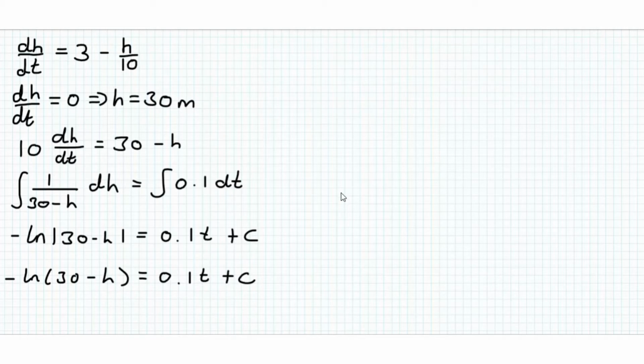If we think about tree growth, this model comes in when the time t equals 0, and when you first plant a seed for a tree, the height is equal to 0. So using these boundary conditions, substituting in 0 for t and 0 for h, we get minus ln 30 is equal to c. So c is equal to minus ln 30, right?